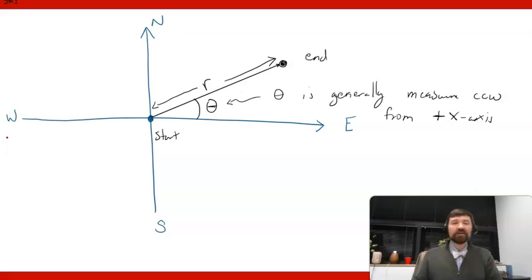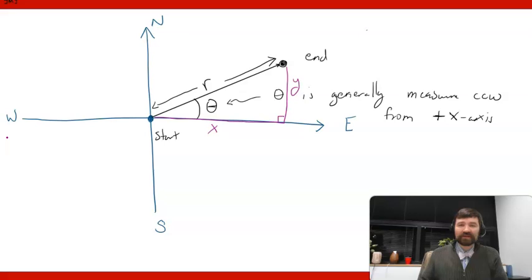Okay, so that's theta. R just is the total distance traveled. In Cartesian, I would have to take basically this right here to be my x, and this right here to be my y. Now I'm not going to finish this little Pythagorean triangle other than to note that this is a right angle. That's for a different day. But this basically gives you a visual representation of your Cartesian and polar coordinates.